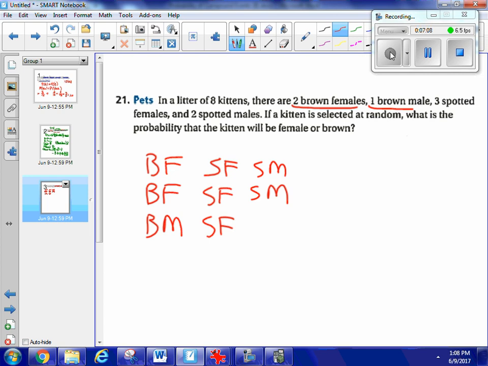Here's a brown. Here's a female. Here's a female. Here's a female. And these 2 right here are neither female nor brown. So I have my 6 that satisfy my qualifications out of my 8 total. Again, I have a 0.75 probability. Not a bad idea to check these problems with a picture if it's not too complicated.